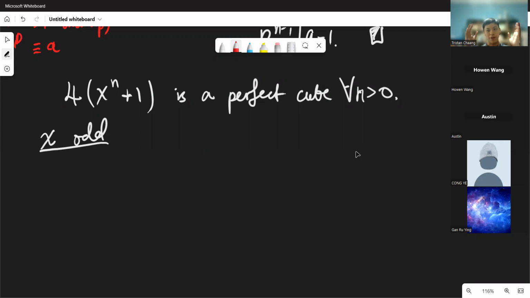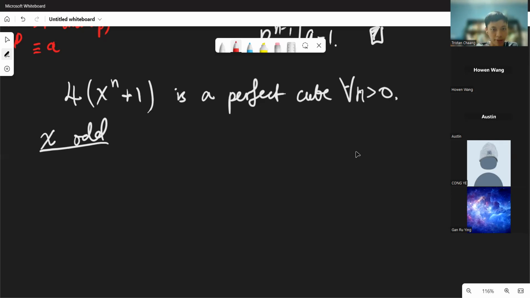So try to narrow down the possibilities. Look at specific examples. Like what can we use here? Look at V2.